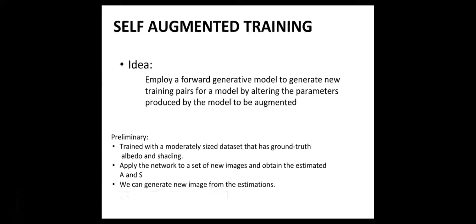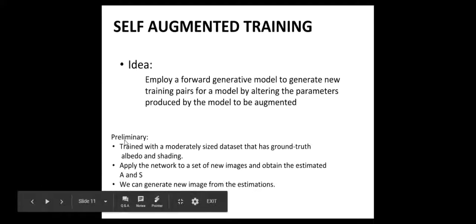Next, we are going to look at self-augmented training, a data augmentation strategy for incorporating unlabeled images to self-augment our network training process. The idea is to employ a forward generative model to generate new training pairs for a model by altering parameters produced by the model to be augmented.